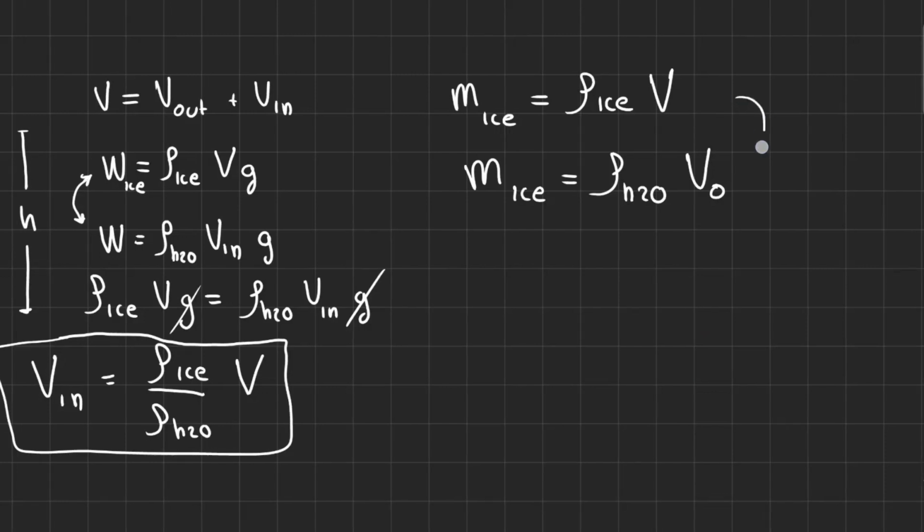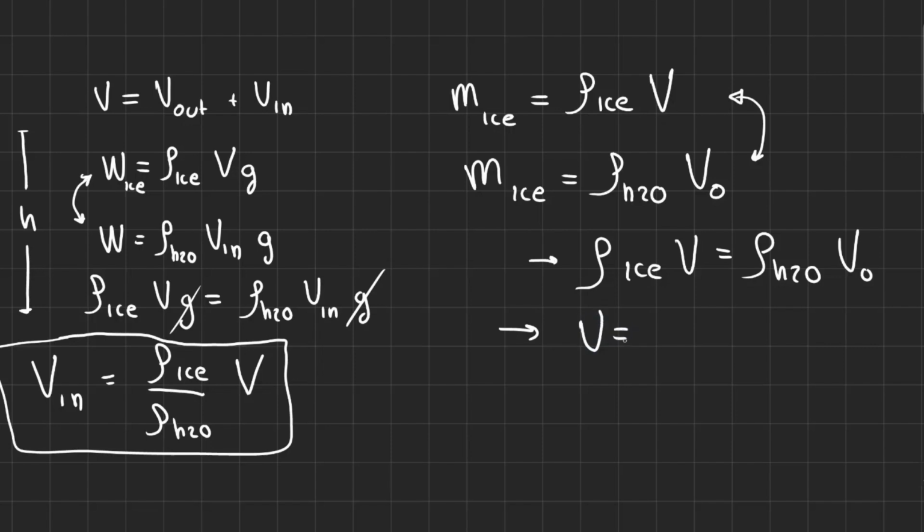We can set these two equations to be equal, and then we get that the density of the ice times V is equal to the density of the water times V0. We can solve for V, and we get that V is the density of the water over the density of the ice times the volume of the ice melted, V0.